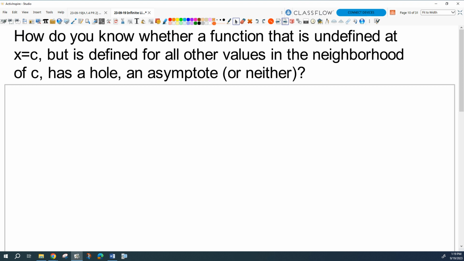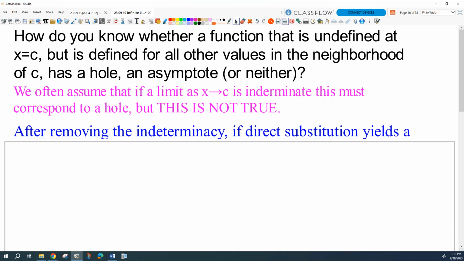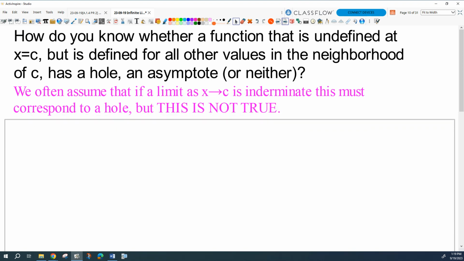A lot of books say that it is, and usually in high school, it works out that way, but that is not necessarily true. If we evaluate the limit and we get 0 over 0, that does not guarantee it's a hole. It could be a hole, or it could be an asymptote, or it could be something in between. We don't know. It's indeterminate, right?